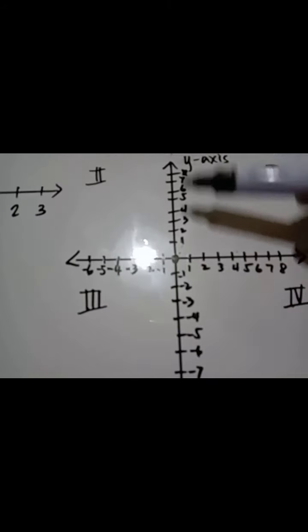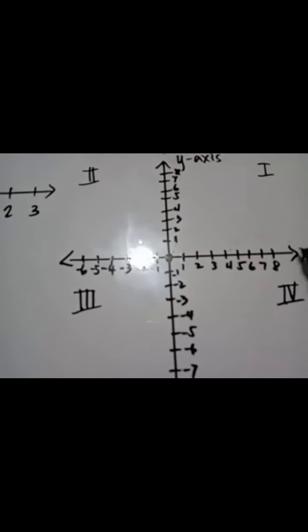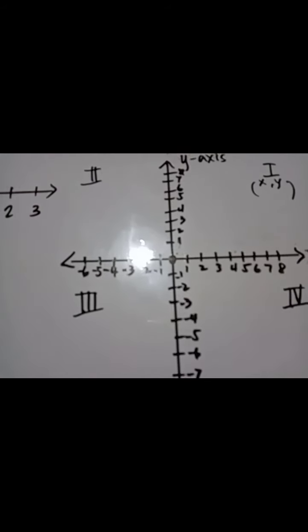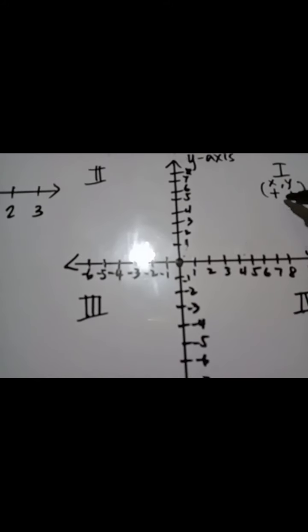Again, with regards to the format of the coordinates, you always have the x, comma, followed by the y, enclosed with a parenthesis. So take note of the sign. These are all positive: positive numbers on the x-axis, and positive numbers on the y-axis.